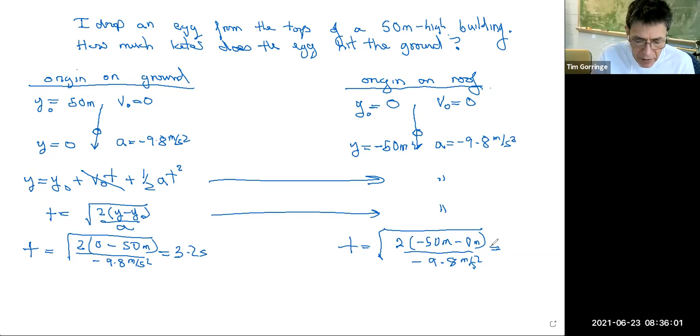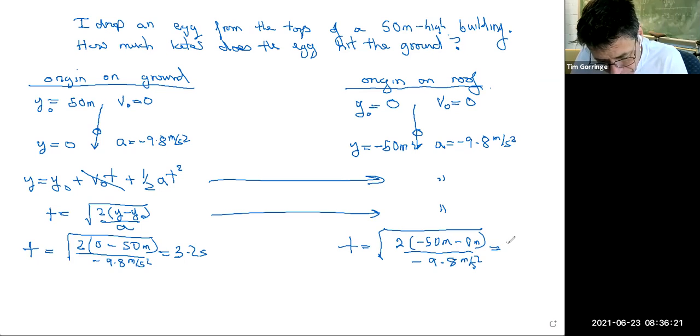And again, we end up with, in the numerator, minus 100 meters divided by minus 9.8 meters per second squared in the denominator. That gives us, again, positive 10.2 seconds squared, and we just take the square root of that to get the time. We get positive 3.2 seconds.